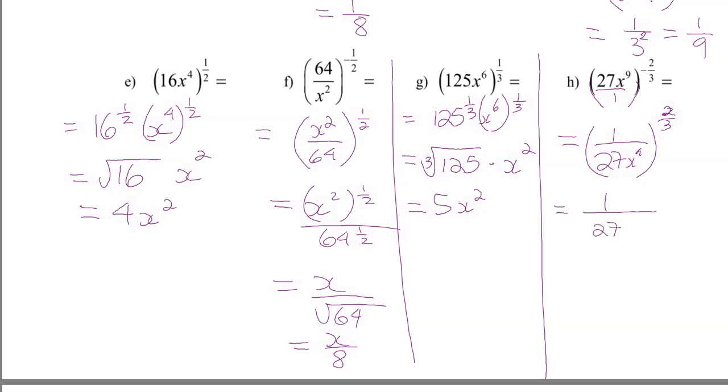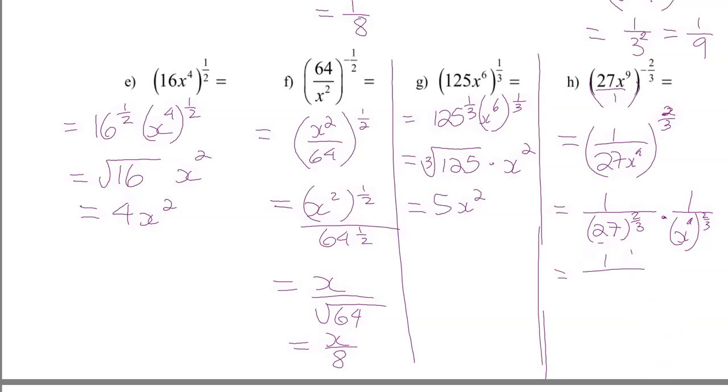So we get 1 over 27 to the 2/3 times 1 over x to the 9th to the 2/3. So again, this is a product, right? 27 times x to the 9th. And the power of the product is the product of the individual powers, so 27 to the 2/3, which translates to the cube root of 27 squared, 1 over, so don't forget 1 over.